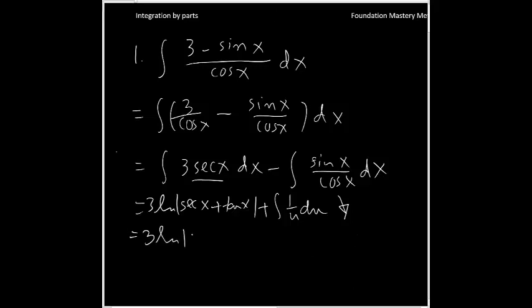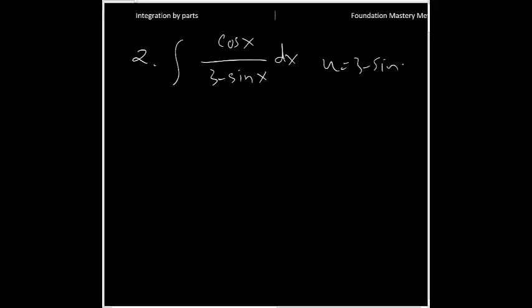So the answer is 3 natural log of secant x plus tan x plus natural log of cosine x plus the integration constant. Yeah, that is the solution for this problem.